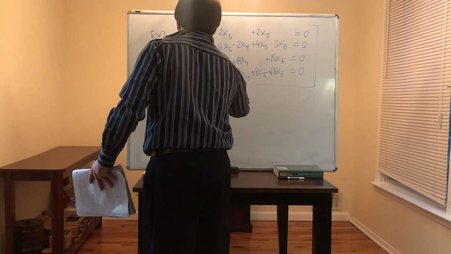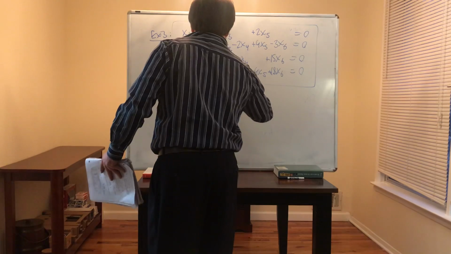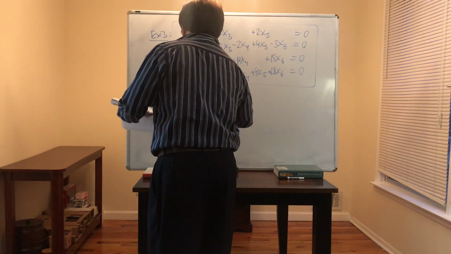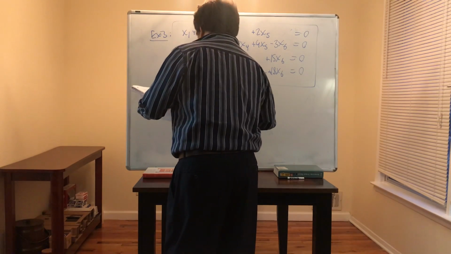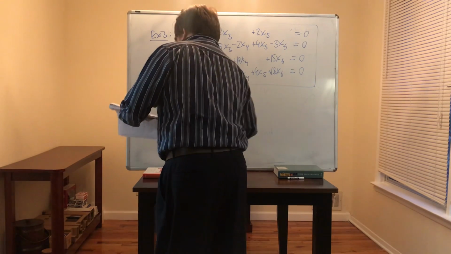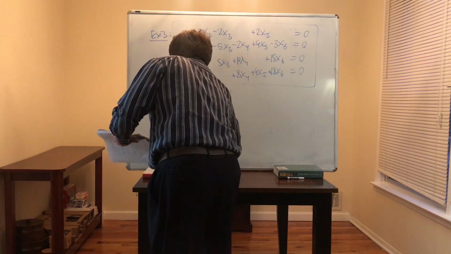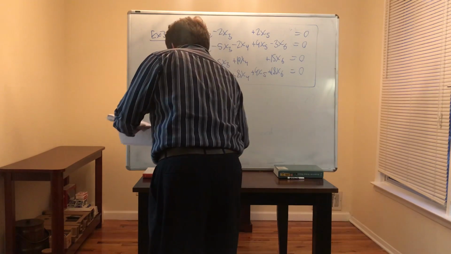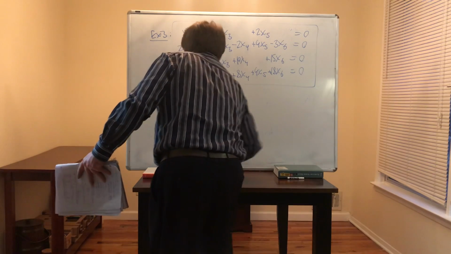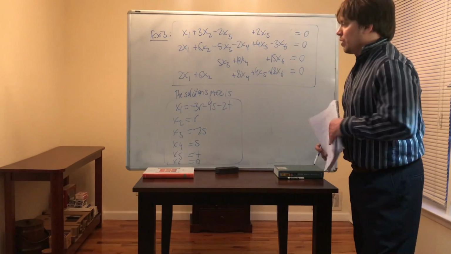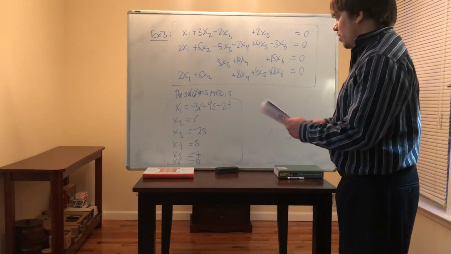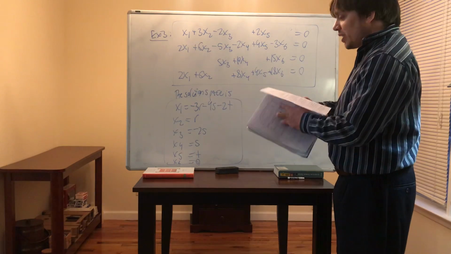So you find the parametric equations: x1 is equal to negative 3r minus 4s minus 2t, x2 is equal to r, x3 is equal to negative 2s, x4 is equal to s, x5 is equal to t, and x6 is equal to 0. That would be the general solution for this linear system represented in parametric equations, right? So that would be the solution space.